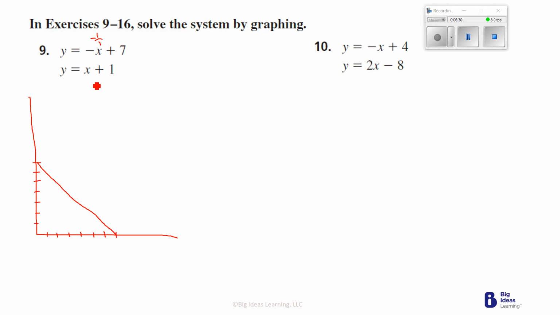That's a little better. Now the next one says I'm going through 1, but it's a positive 1/1. So that means I'm going, let's see, here, and then 2 at 2, and then 3 at 3, and 4 would be here.